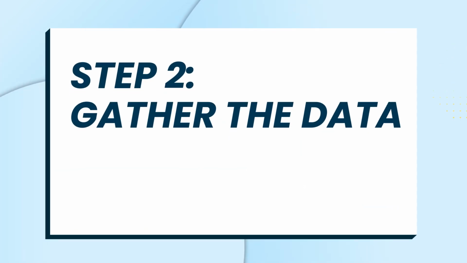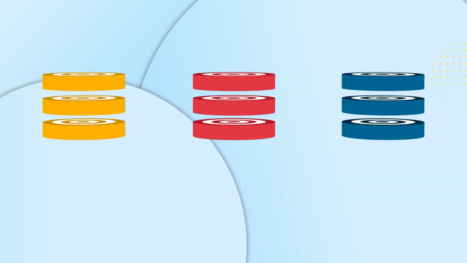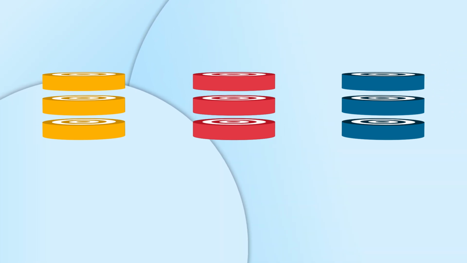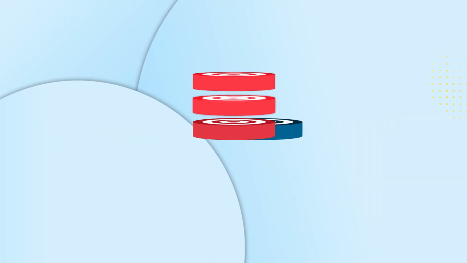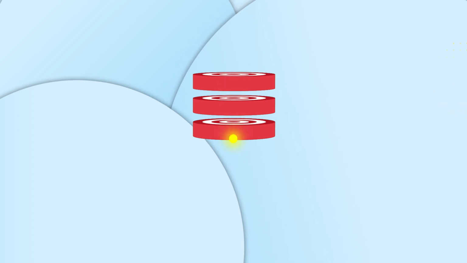After you've found all the sources, it's time to gather the data in a central location. This part can be tricky since the information will likely be in different formats. If you're not using purchasing software, you will need to convert all the information into a uniform format. However, should you have a single spend data platform in place, this step should be simple.